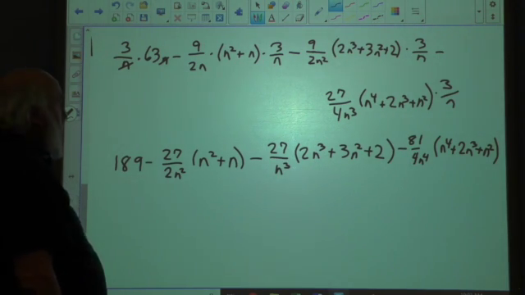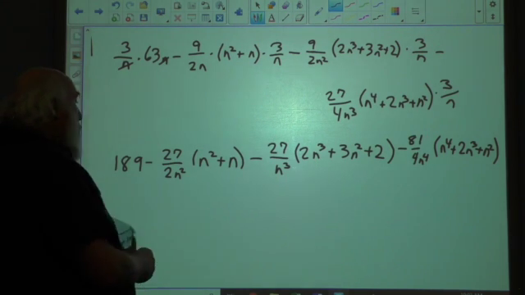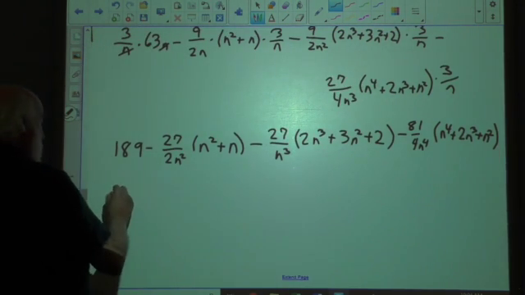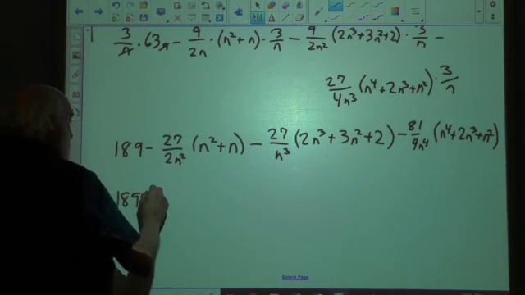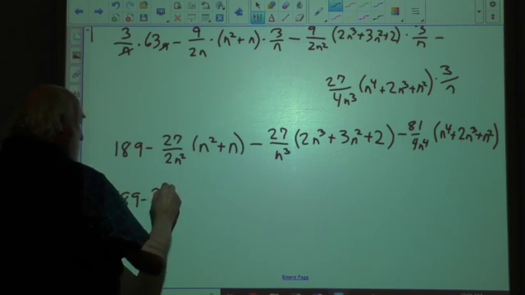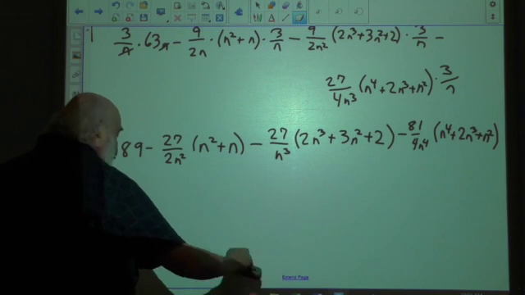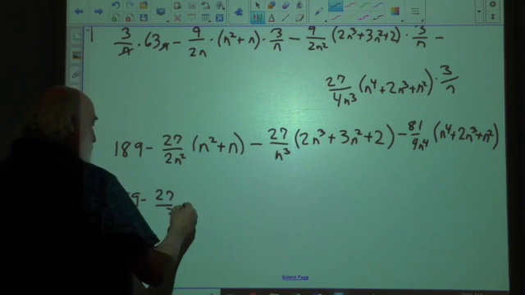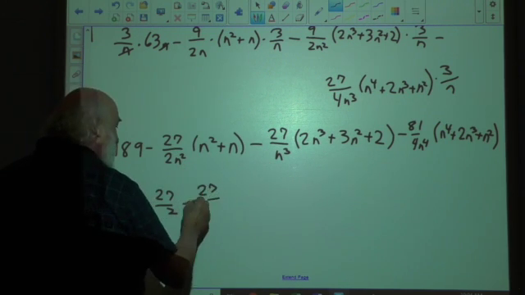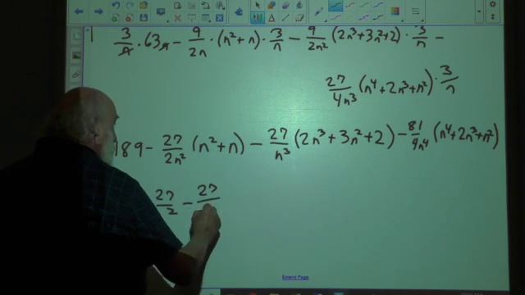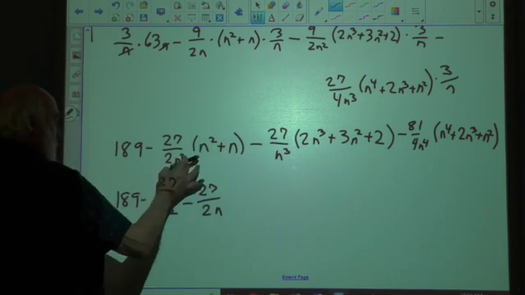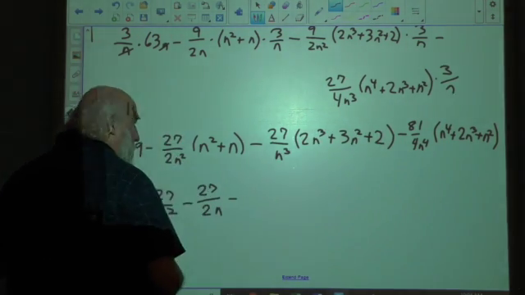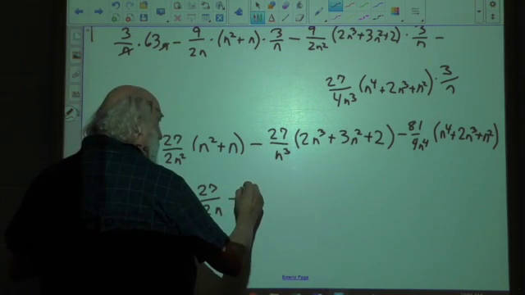Okay. So, now I'm going to divide these two terms by n squared, and we get 189 minus 27 over 2. And the n squared and n cancel out, minus 27 over 2n for that. One n will cancel out. Now, go across this, distribute.